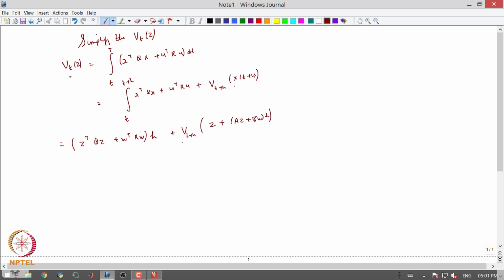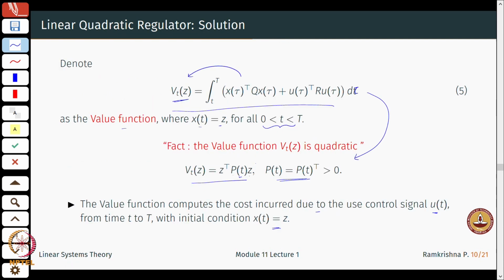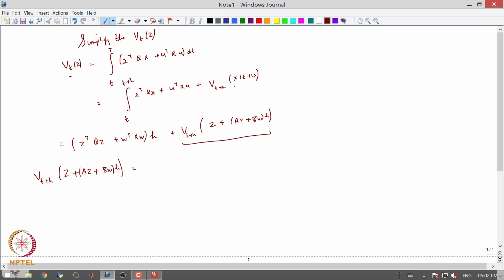Now, let us see what V(t+h) of z plus (Az plus Bw)h looks like. What is V like? V_t is a quadratic in P and z.